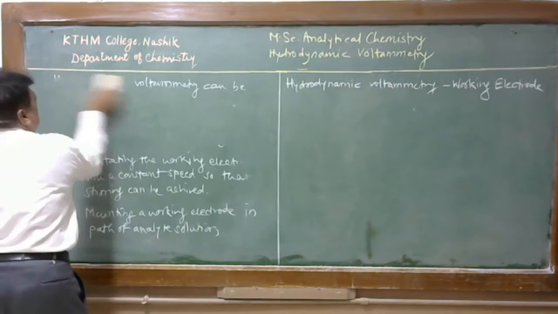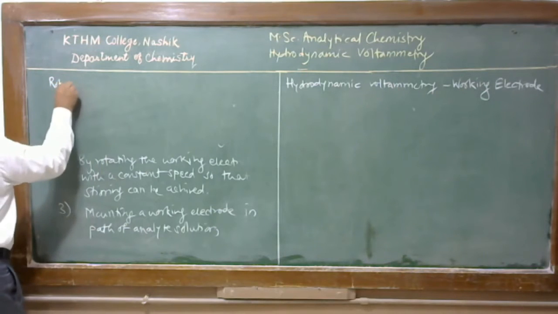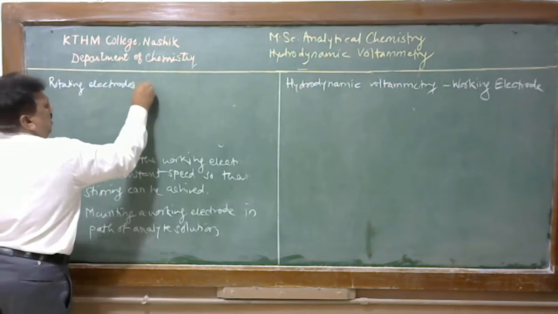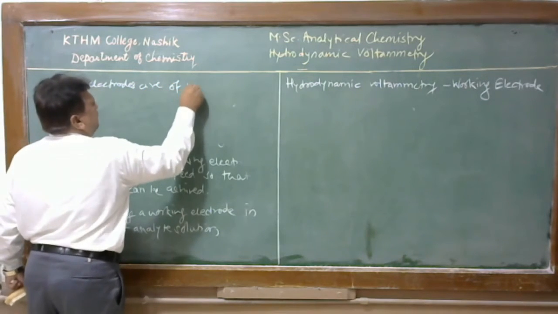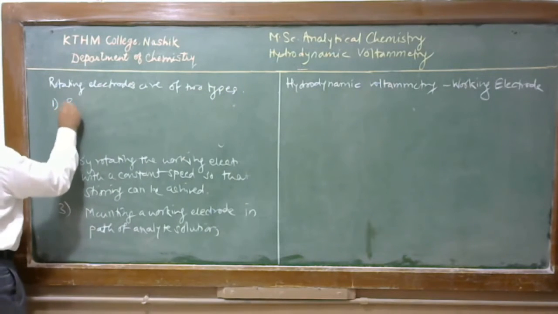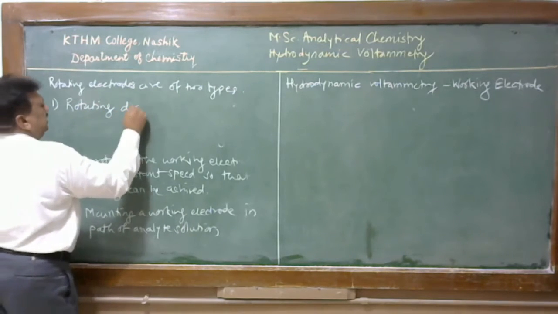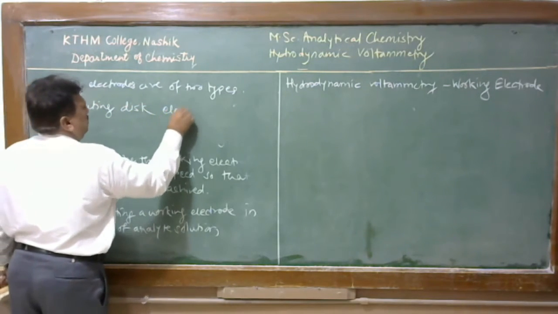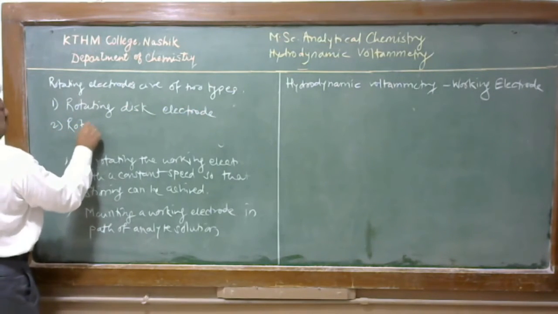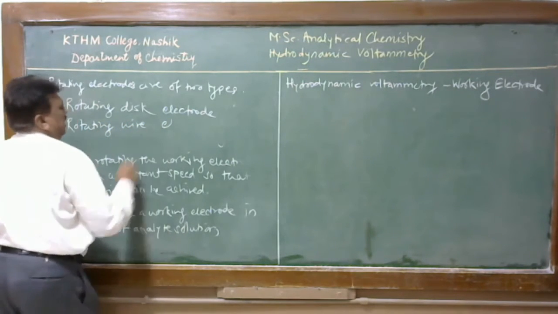Here, rotating electrodes are of two types. Number one is the rotating disc electrode, and the second one is the rotating wire form electrode.